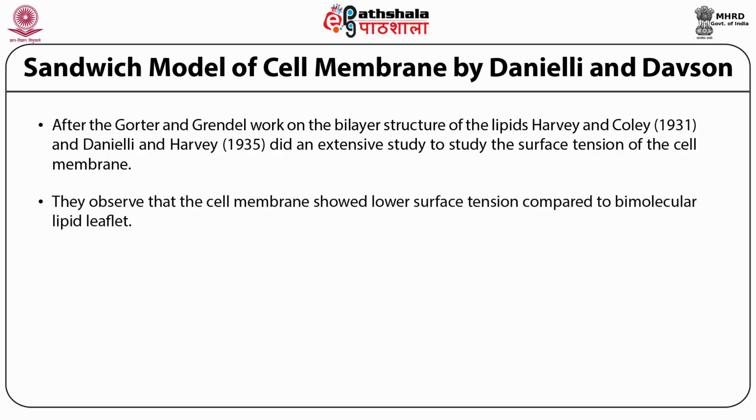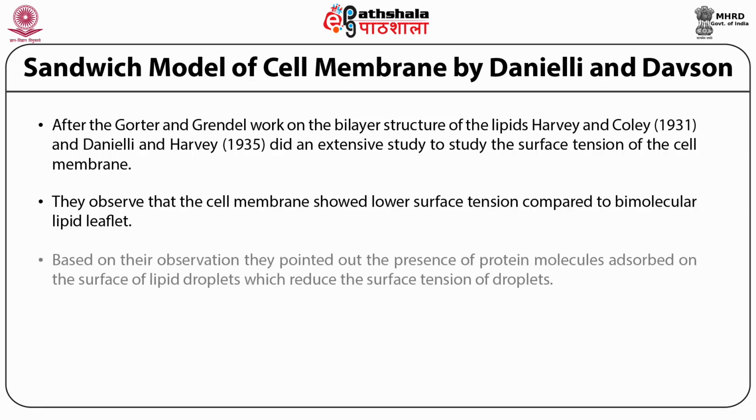They observed that the cell membrane showed lower surface tension compared to the bimolecular lipid leaflet. Based on their observation, they pointed out the presence of protein molecules adsorbed on the surface of lipid droplets, which reduces the surface tension of the droplets.